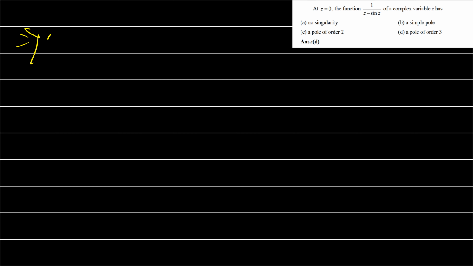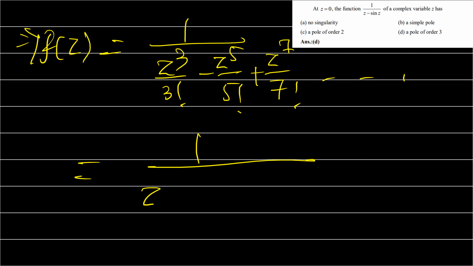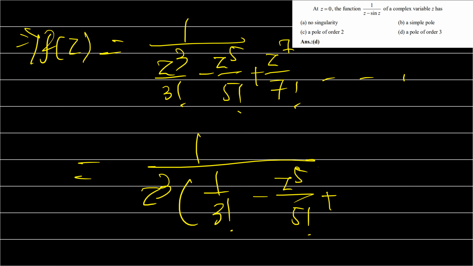Next, f of z becomes 1 by z cubed by 3 factorial minus z to the power 5 by 5 factorial plus z to the power 7 by 7 factorial. Now by taking common z cubed, we get 1 by 3 factorial minus z squared by 5 factorial plus z to the power 4 by 7 factorial.